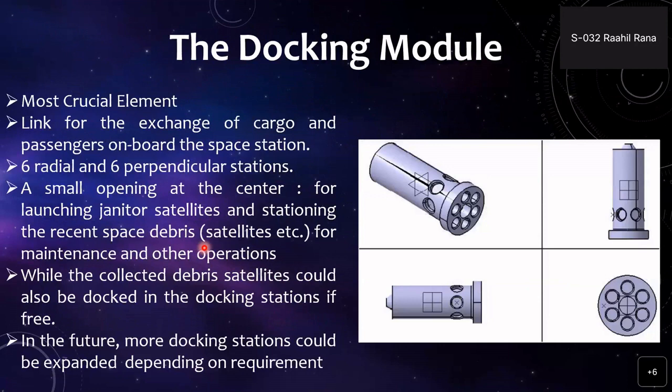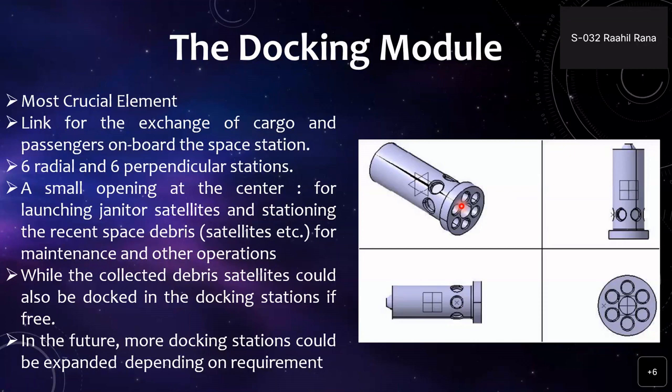This is also an important module which every space station has: a docking module. Our design initially consists of 6 radial and 6 perpendicular modules, and a center circle, a cylindrical opening in between. Those are for the launching of janitor satellites and also for docking different space debris, which we'll be collecting for maintenance, refueling and other operations, which we'll discuss towards the end about space debris collection.